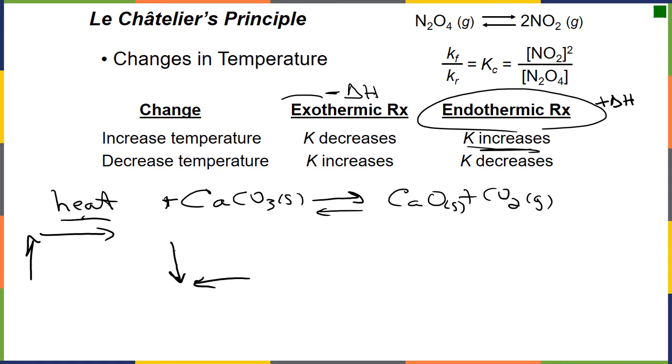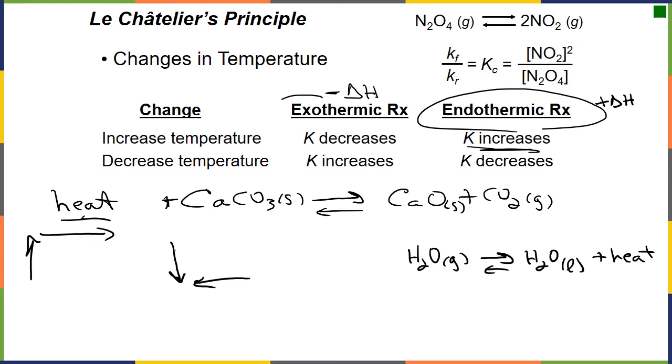Let's say the reaction instead is exothermic. If I take water as a gas and go into water as a liquid and I add heat to this, if I want to make water as a liquid, I know I have to do this cold. If I do this hot, the reaction is going to go towards water as a gas.